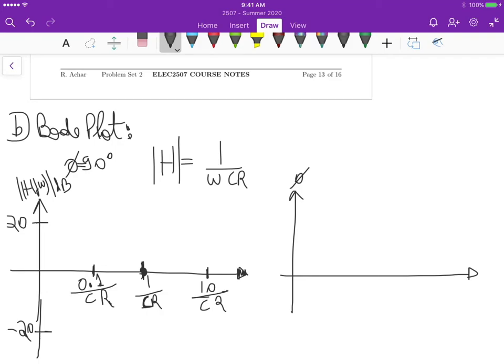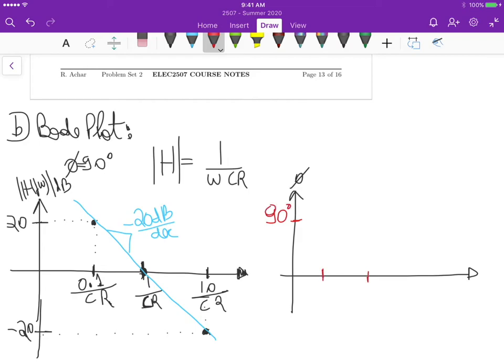So we have this point here, 0 here, and this one here. The magnitude follows this trend with minus 20 dB per decade. And for the phase, we just have 90 degrees here.